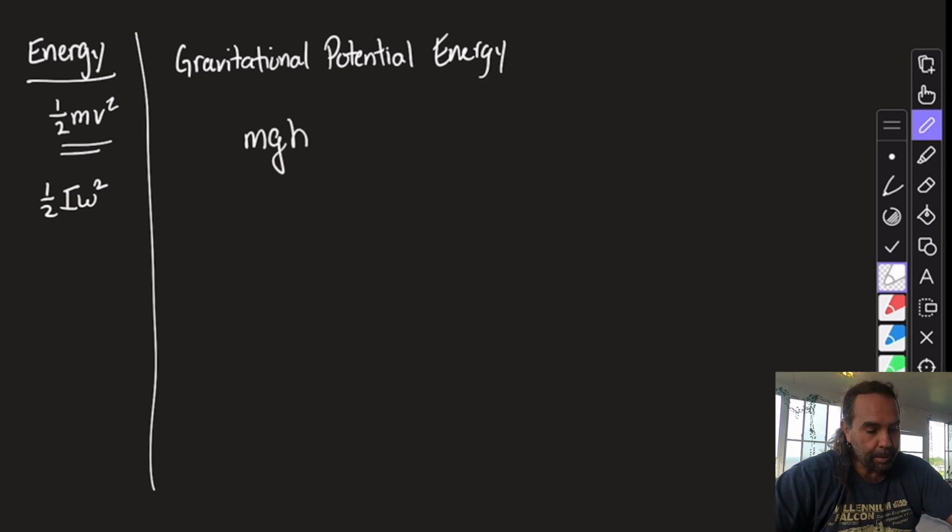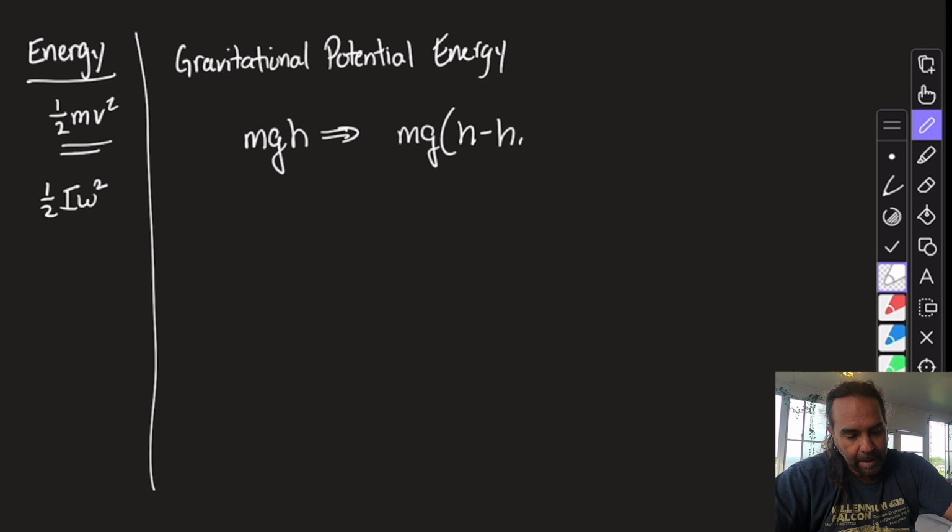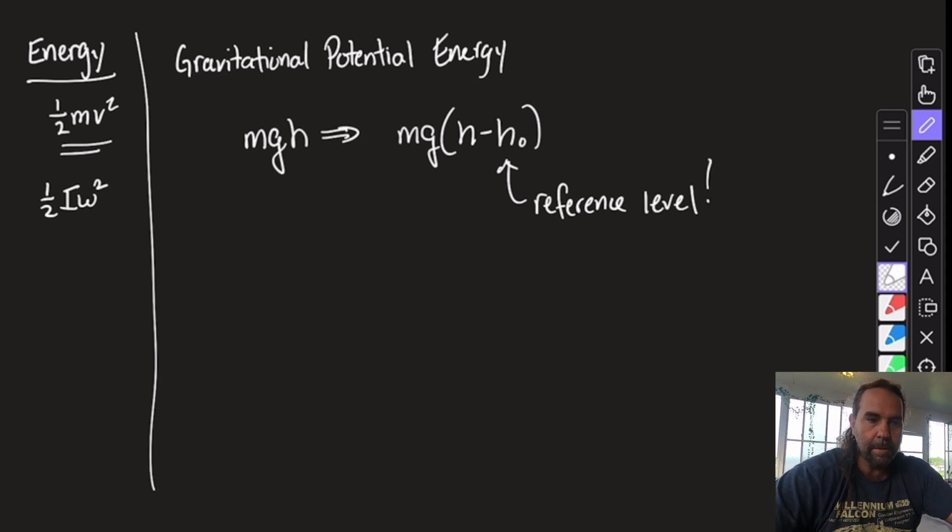But in truth, it's always supposed to have been mg times h minus h naught, where h naught was the reference level. You should remember all the way back to first semester when we talked about the importance of the reference level. And this is no different.